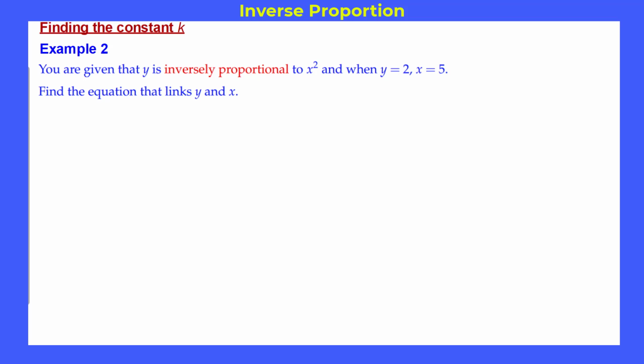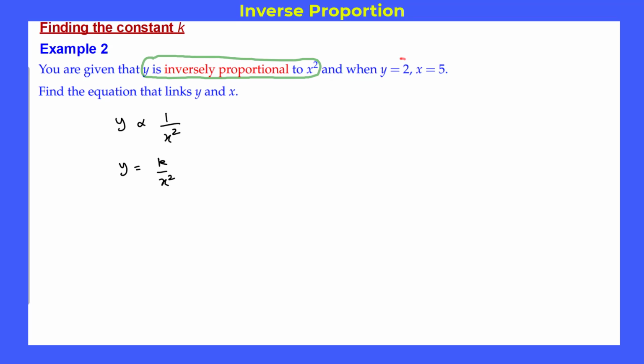Next one. y is now inversely proportional to x squared, and y is 2 and x is 5. So the key part is this first bit here. It tells us inversely proportional. We write our statement, y is proportional to 1 over x squared. And we replace the proportional symbol with equals k. So y equals k over x squared.